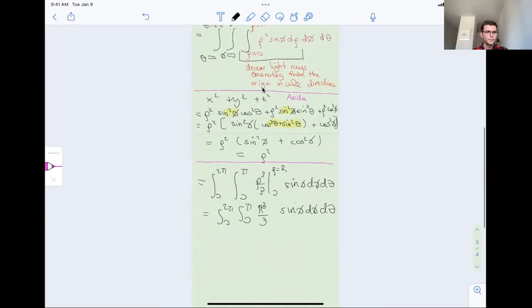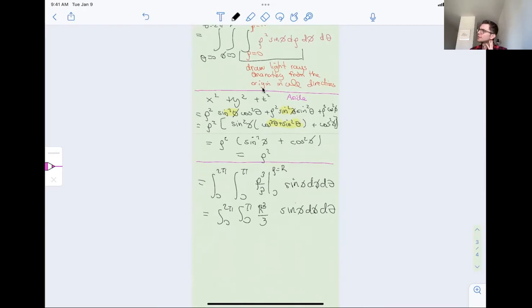And 0 to pi for phi is because the sphere includes both, you have to move the angle from the North Pole to the South Pole, and that takes pi.